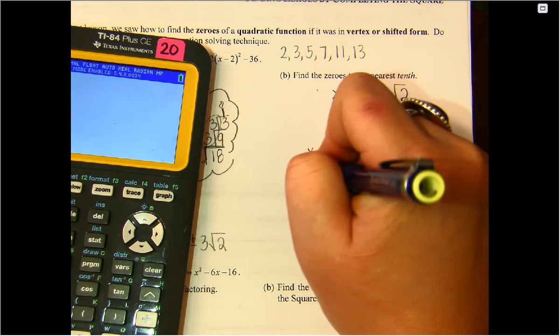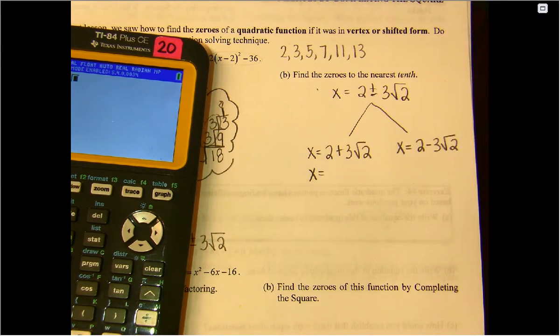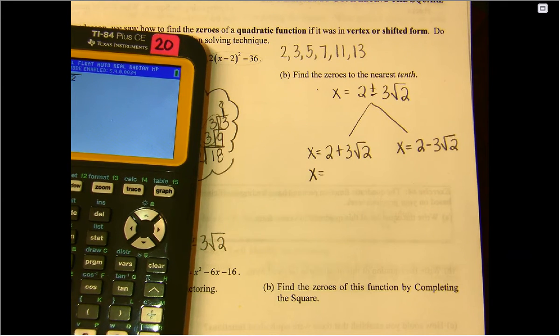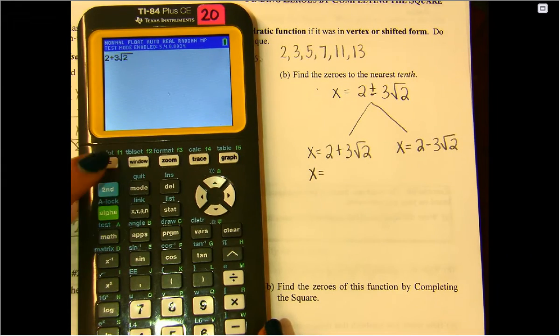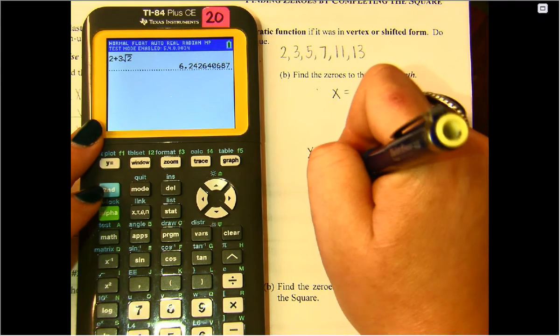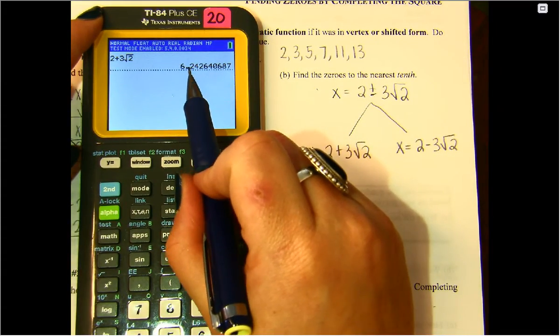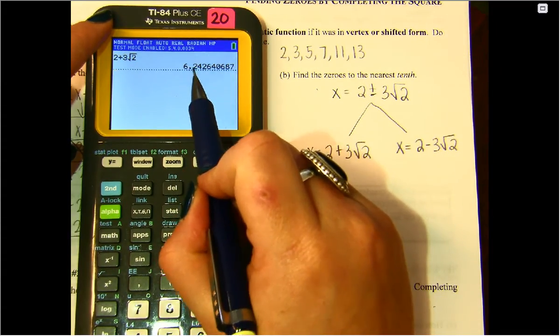So x equals 2 plus 3 radical 2. Remember the radical sign here is second x squared. I get 6, and the nearest 10th is the first decimal. So I'm going to look at the first decimal. That's the 10th spot.